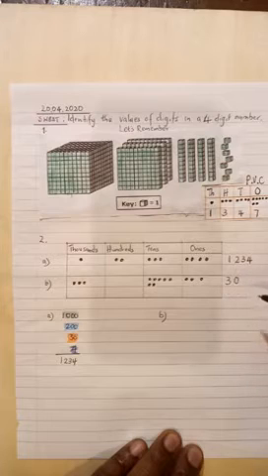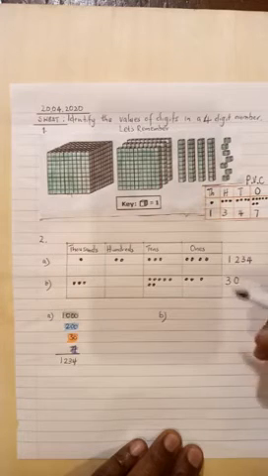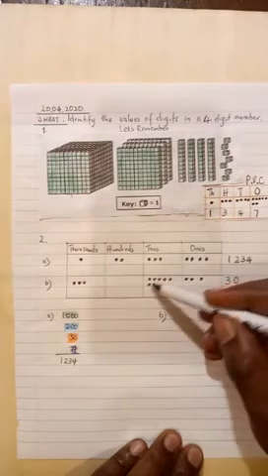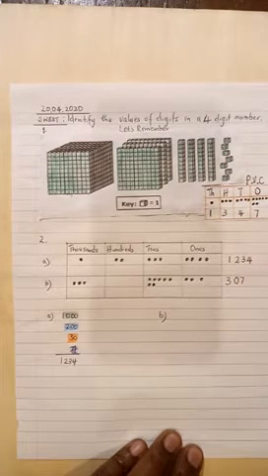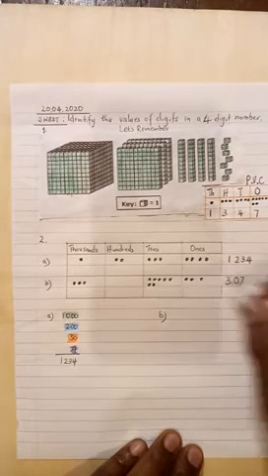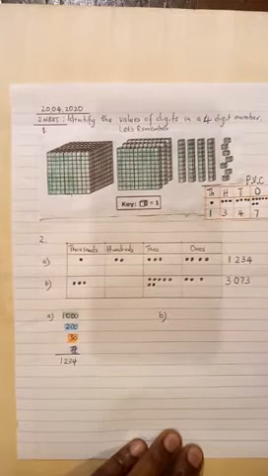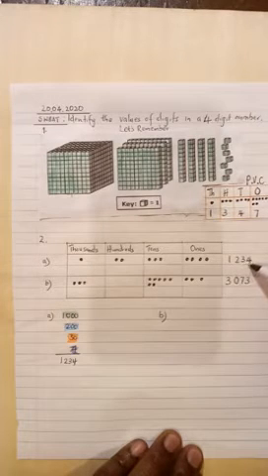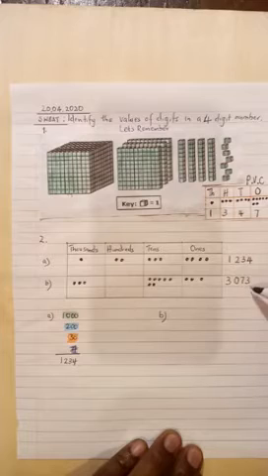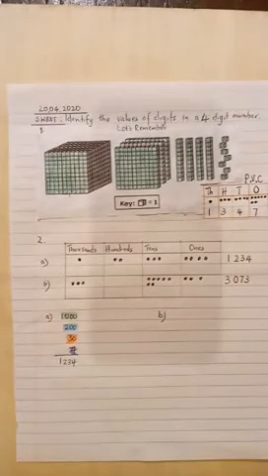In my tens place, I have got 7, 1, 2, 3, 4, 5, 6, 7 discs, and so I'll slot in my 7 for the tens, and lastly 1, 2, 3, I've got 3 ones. And so the 4-digit numbers represented in 2A and 2B are 1234 and 3073 respectively.